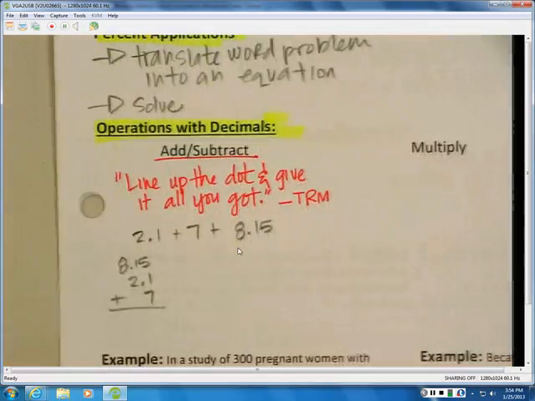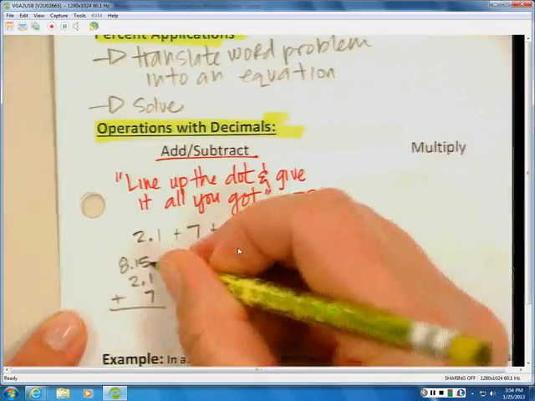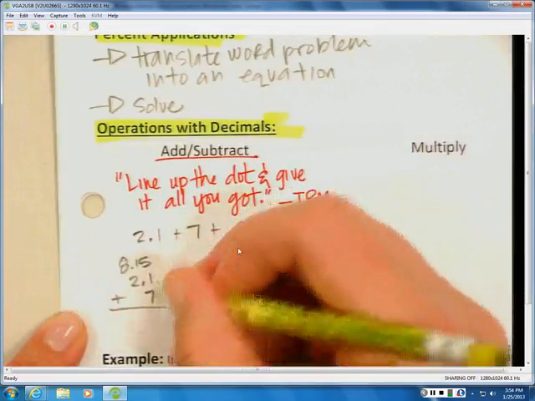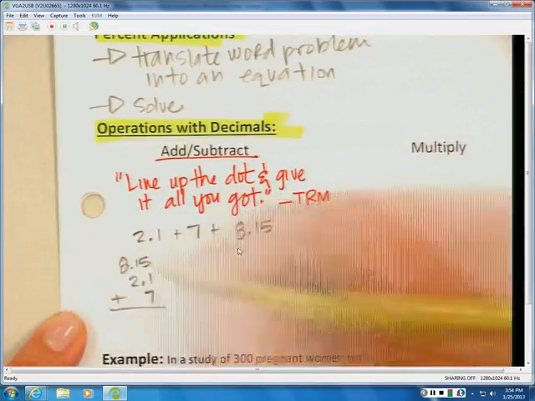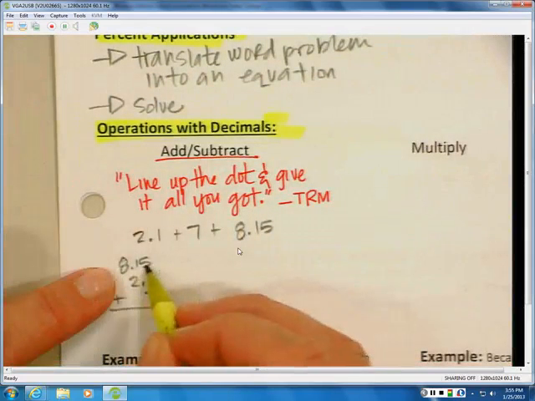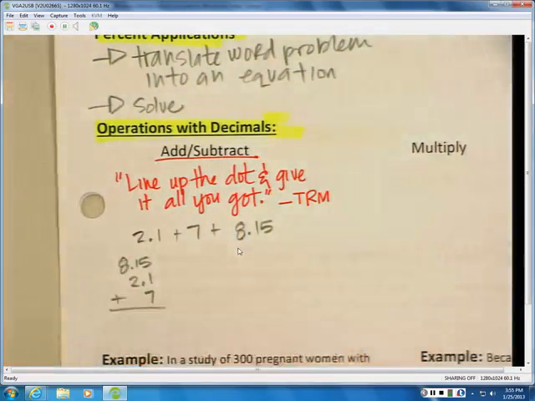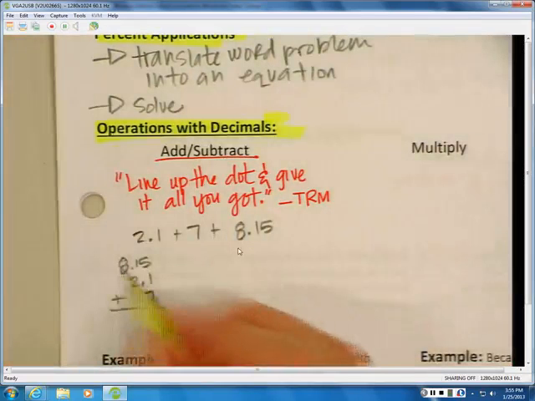This isn't going to work, because you would be adding the hundredths place with the tenths place with the ones place. These have different values, right? You would never take $8.15 and say that you would add 7 pennies if there was no decimal out front. You would add the 8 and the 7.